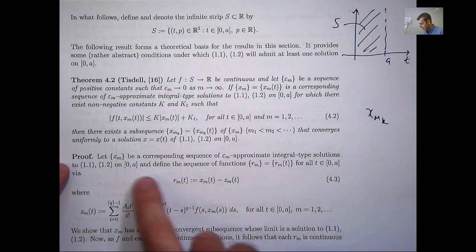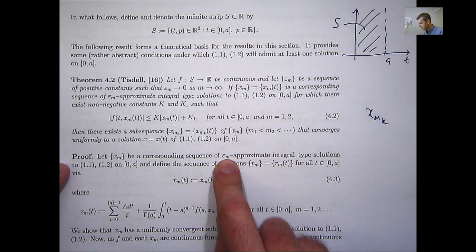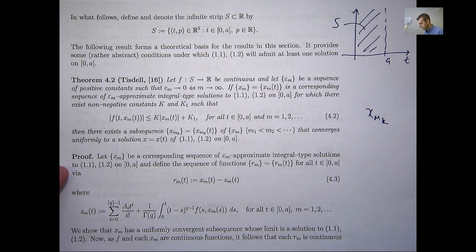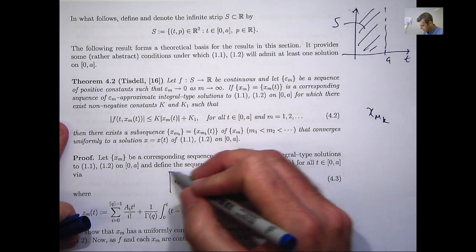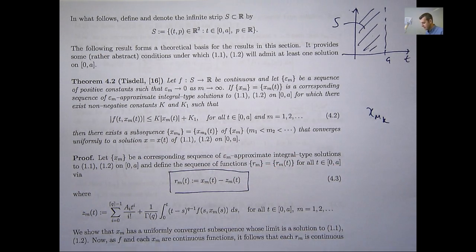Okay, so let x sub m be a corresponding sequence of epsilon sub m approximate solutions to our original problem on this interval, and define the sequence of functions r sub m via the following, where this sequence of functions z sub m is given here.